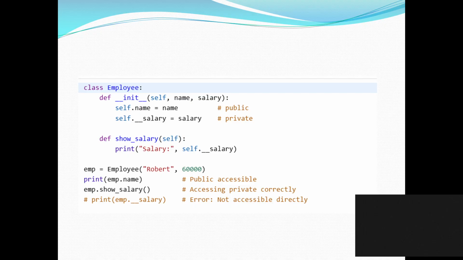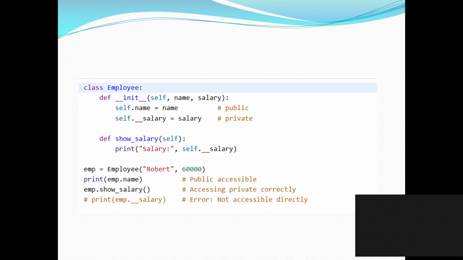So now we can have another one called def show_salary. This is a method so that we can get the required salary value from this class itself. So this prints the salary value. If I give Employee Robert, comma 60,000, then self.name gets Robert and salary gets 60,000.